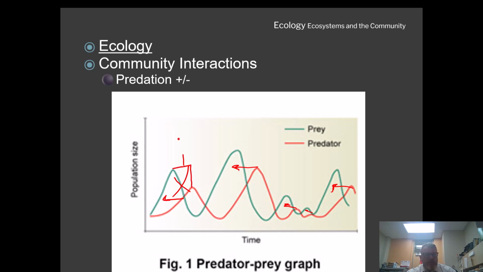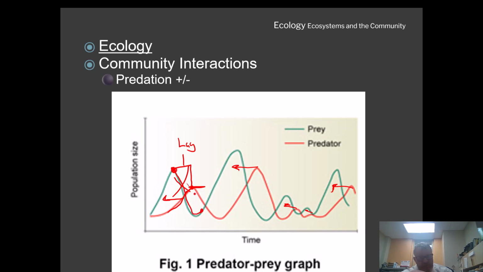Our prey gets up to a considerable proportion. Now our predators can get up to a considerable portion. And as you see right here, we're starting to reach our carrying capacity for this portion of the graph. Well, now we have a whole bunch of predators and not so many prey, so that's going to go down.